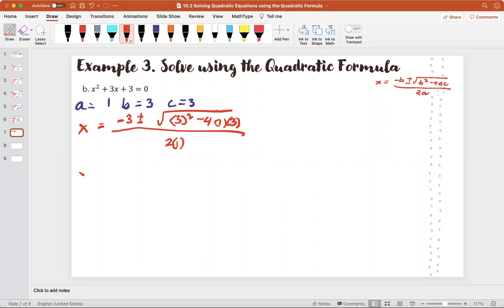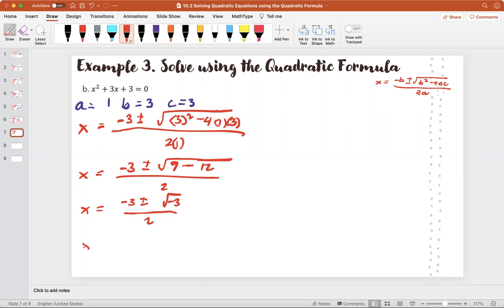Okay, now we have negative 3 plus minus square root of 9 minus 4 times 3. And that'll be 12, all over 2. 9 minus 12, negative 3, all over 2.